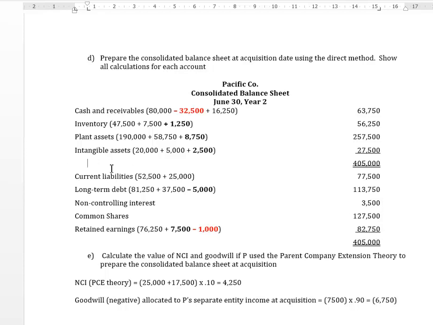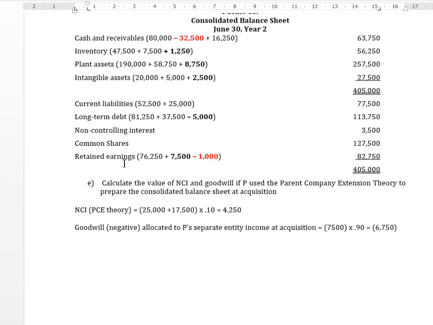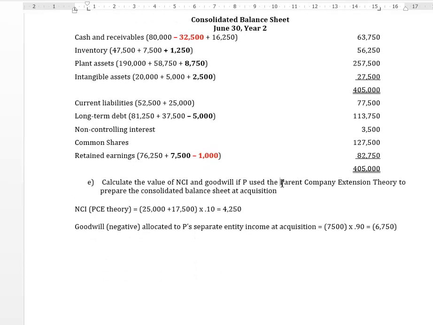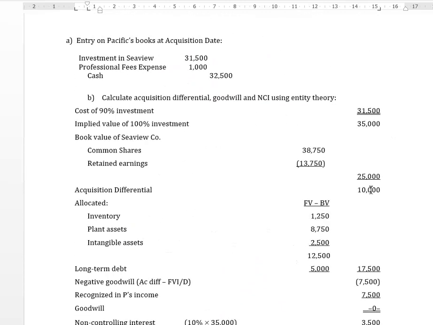You still did fine. Now, if we were using the parent company extension theory, don't forget, under the PCE theory, those theorists don't believe in the calculation of goodwill as we've laid it out. They would say, we don't know that the implied value of 100% is just a linear extrapolation.